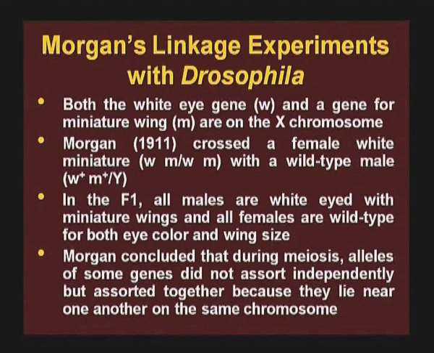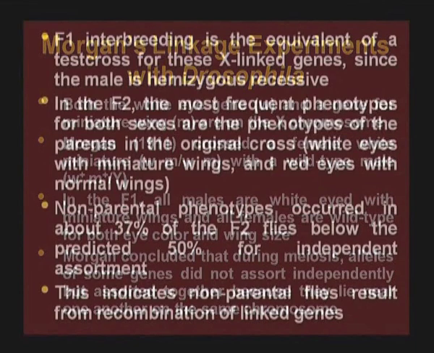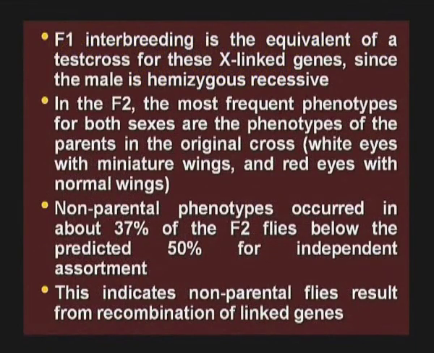Here we appreciate that the importance of chromosome theory and the importance of meiosis is reconfirmed in the sense of linkage and crossing over. F1 interbreeding is the equivalent of a test cross for these X-linked genes, since the male is hemizygous recessive.